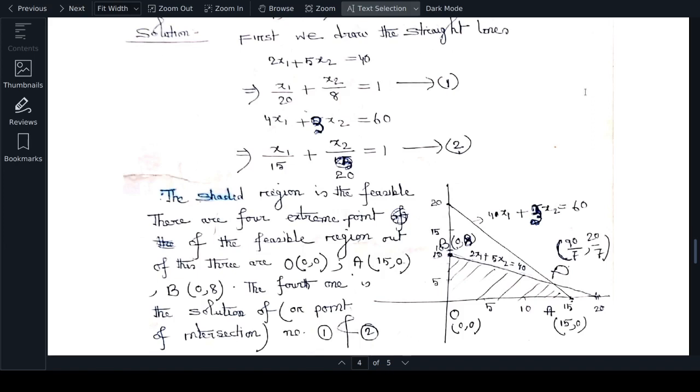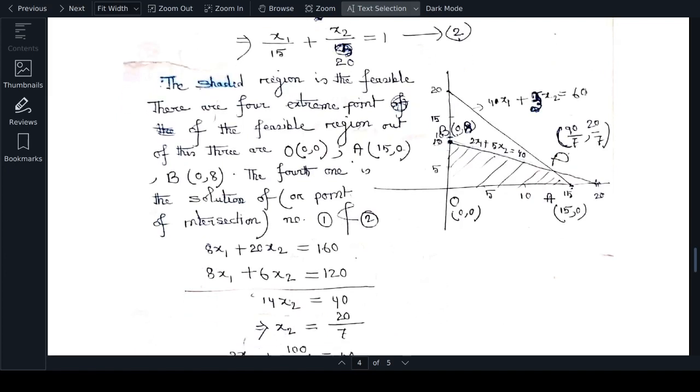Next, you draw the x1 and x2 axes and mark units: 1, 2, 3, 4 on the x1 axis, and the same way on the x2 axis. Then you substitute the coordinates A, B, C and D.